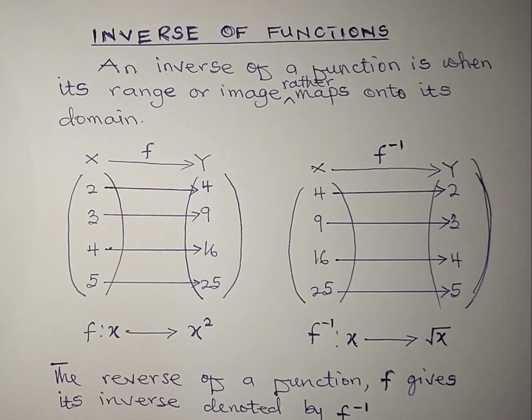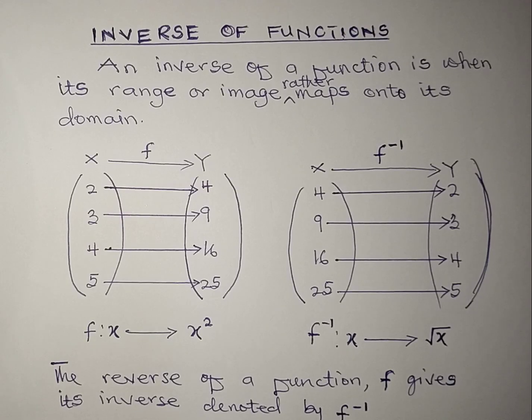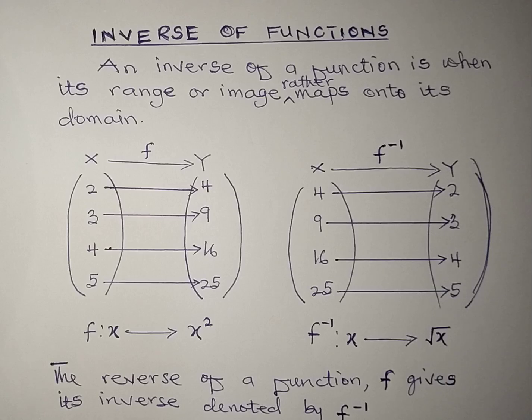But the moment we say its inverse, it becomes the reverse, meaning that the range will map onto the domain. So it's like if I'm moving from A to B, then when I'm talking about its inverse, I will move from B to A. That is what we are talking about.